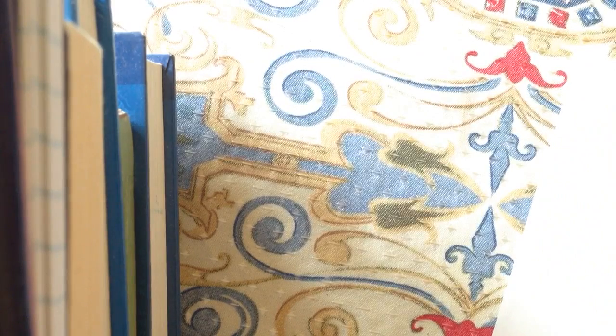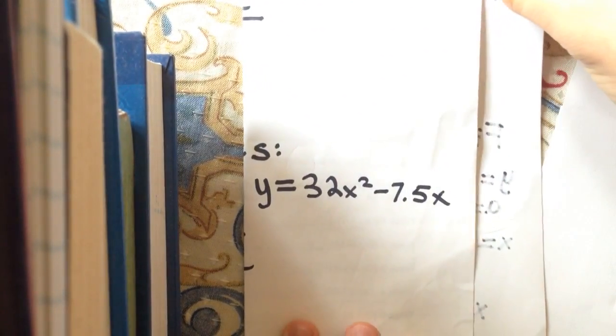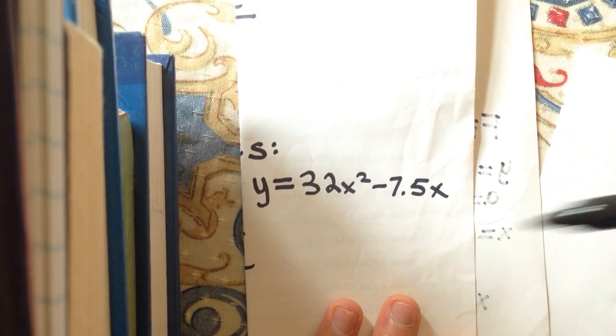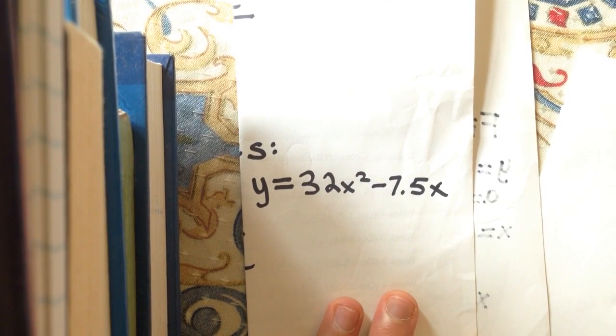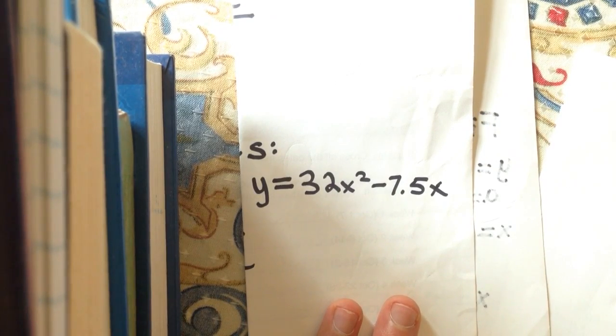If I can fold this paper for a second. Okay. So we have the equation y is equal to 32x squared minus 7.5x. So we're going to use the quadratic formula, x equals negative b plus or minus the square root of b squared minus 4ac, all over 2a. So let's determine what our a, b, and c values are.